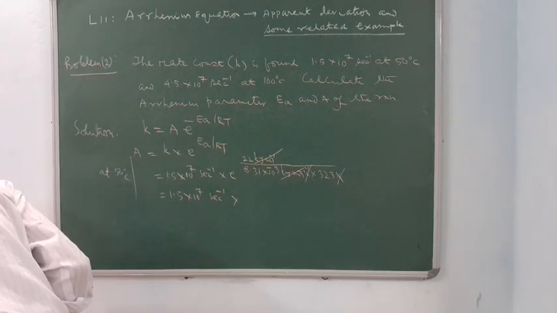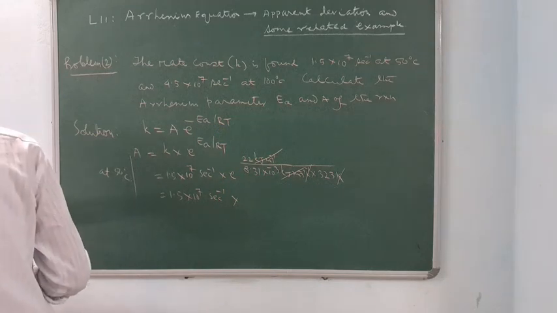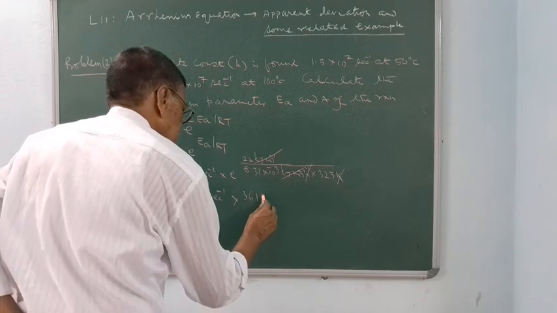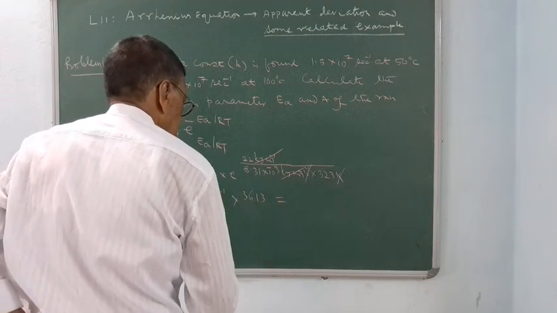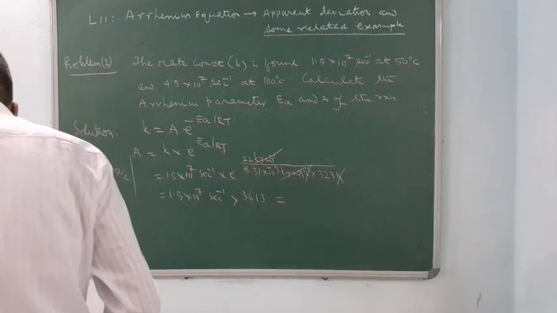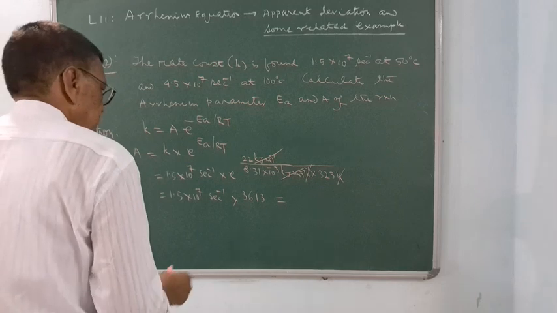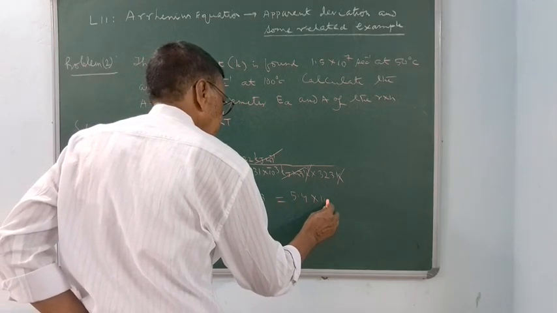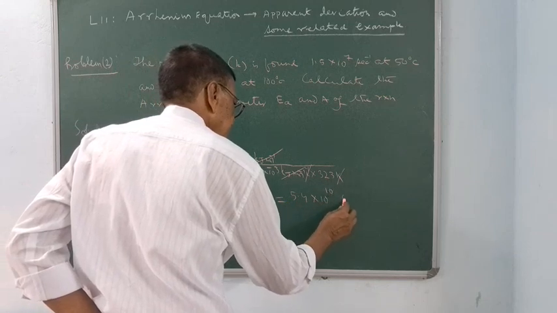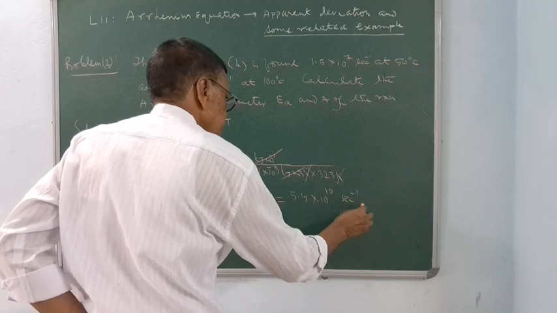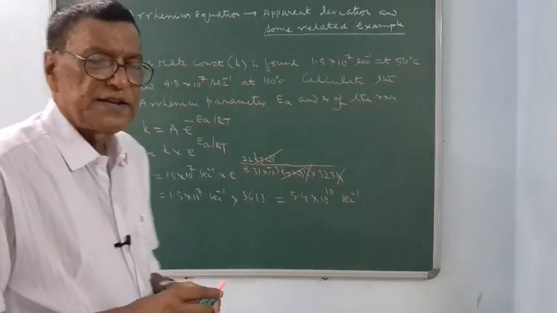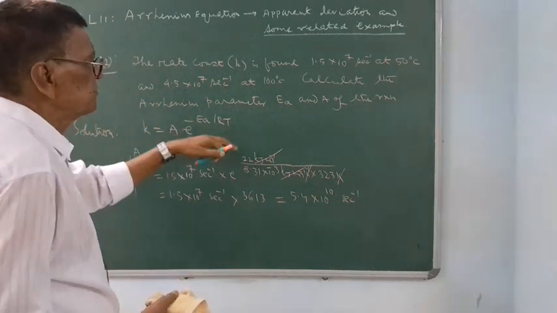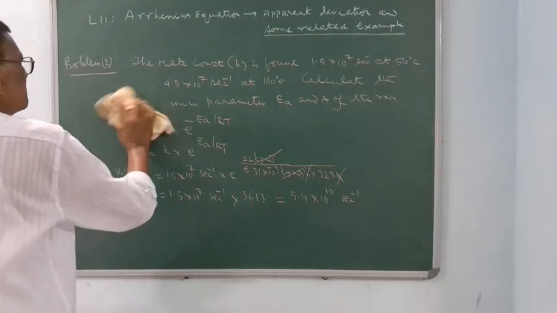So it is equal to 1.5 into 10 to the power 7 second inverse, and this value, whenever you calculate, will give you 3613. So the total value comes to 5.4 into 10 to the power 10 second inverse. So both these Arrhenius constants are calculated by using the data given in this problem.